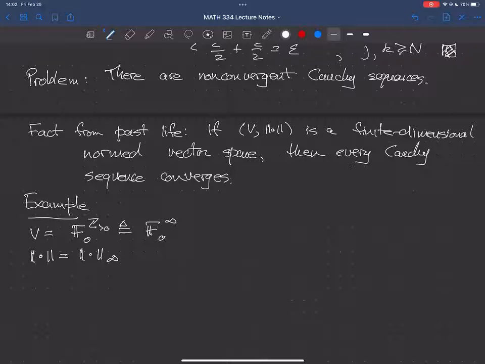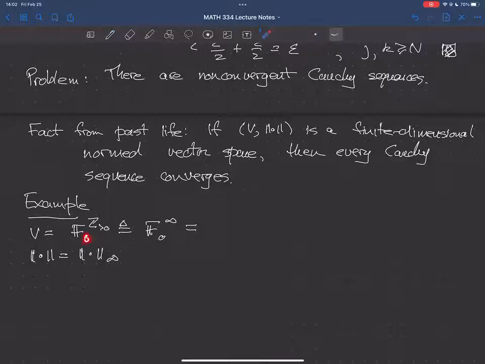All right, so it's going to be helpful to think carefully about what that space is. We decided that without the 0, this space was the space of all sequences. Now the 0 here enforces a condition that only finitely many terms in that sequence can be non-zero.